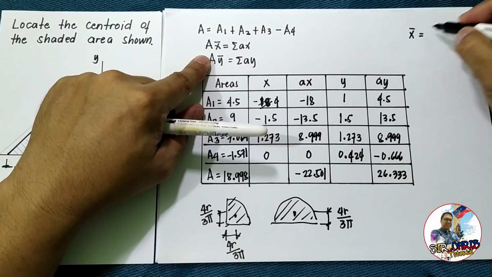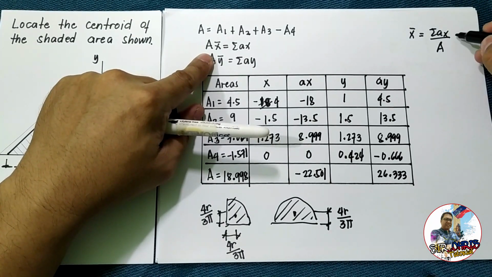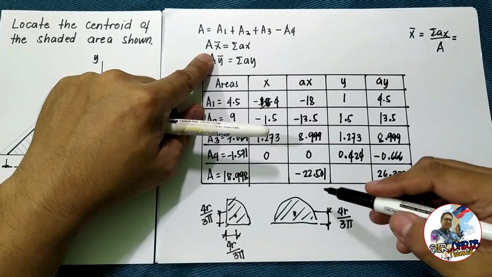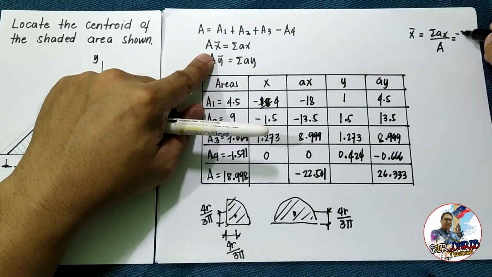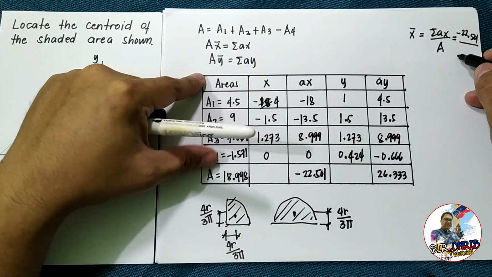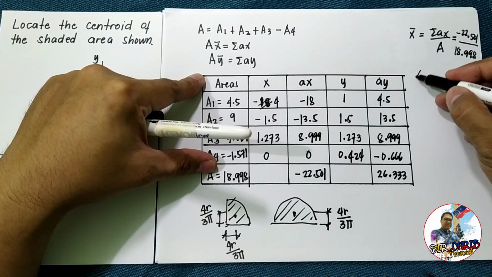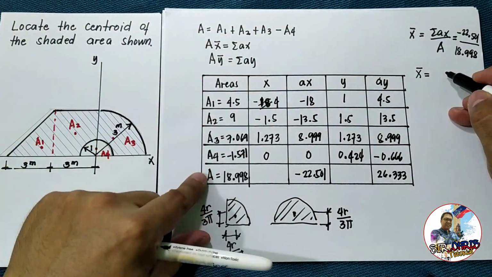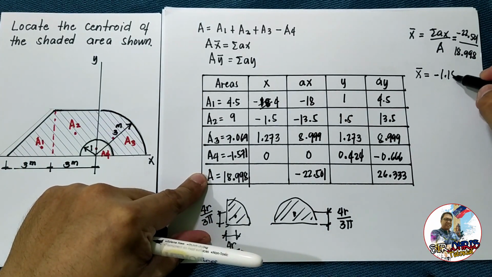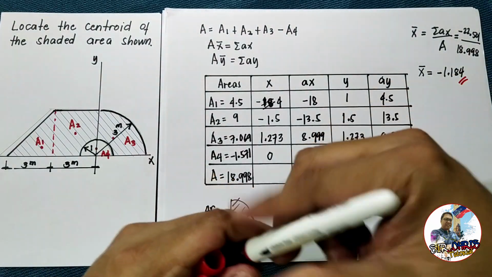Now recall the formula for the centroid of an area. X bar equals summation of AX over A. Substituting the values, we have summation of AX of negative 22.501 divided by the total area, 18.998. So X bar is equal to negative 1.184. So we have that final answer.